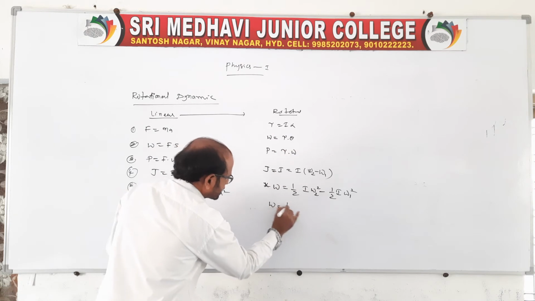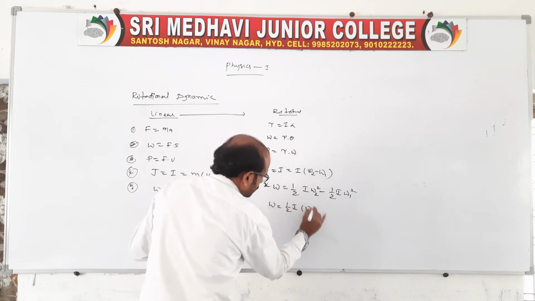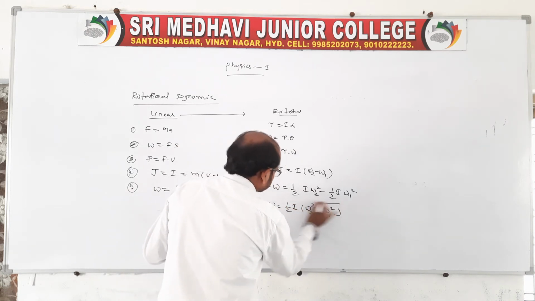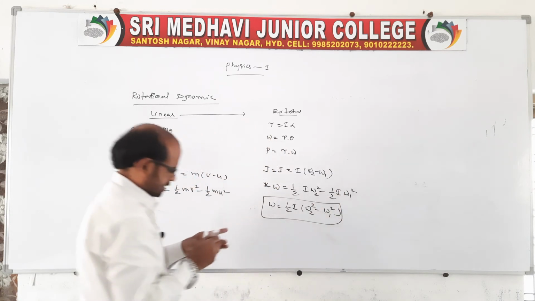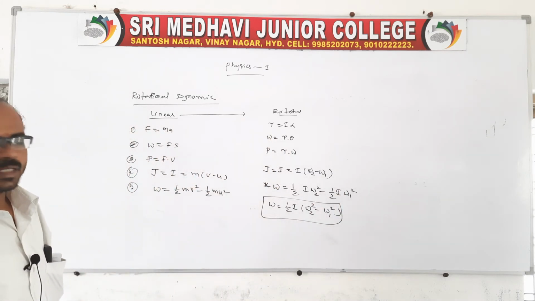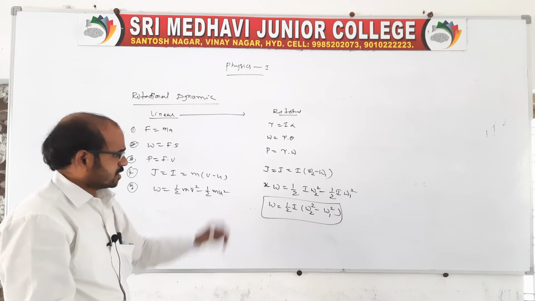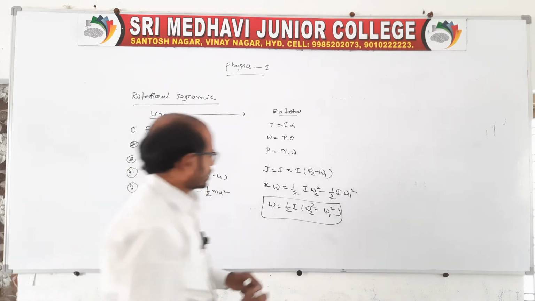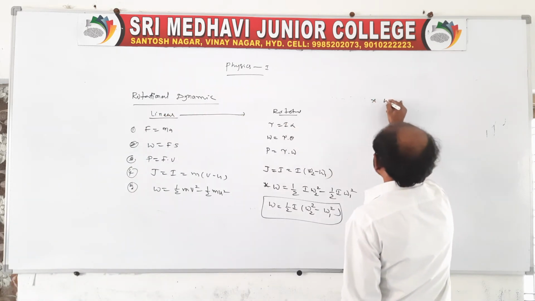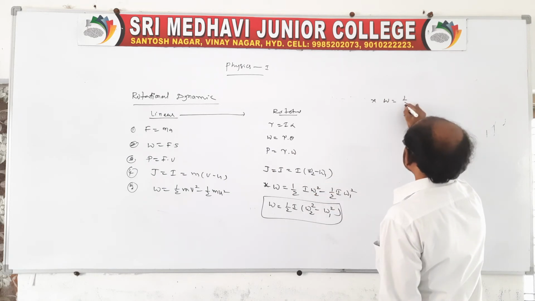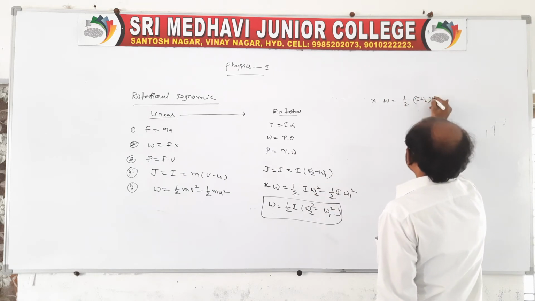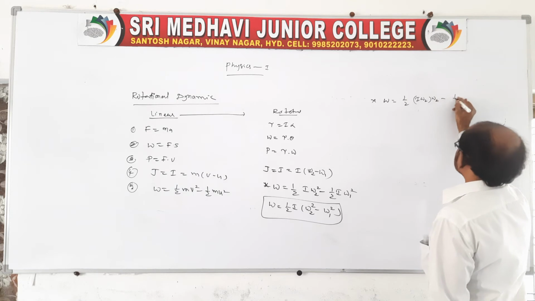So work done is equal to half I, you take common, omega 2 square minus omega 1 square. Right? And we can also take another expression here, 1 by 2 I omega 2 into omega 2 minus 1 by 2 I omega 1 into omega 1.